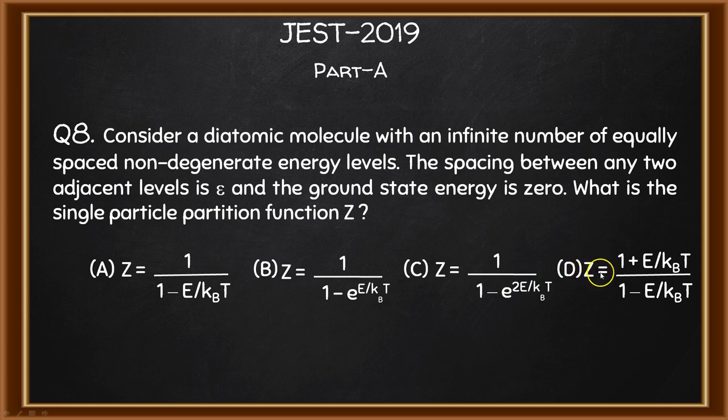And D is Z equal to 1 plus E by kBT divided by 1 minus E by kBT. Now the answer we have got is 1 divided by 1 minus e to the power minus E by kBT. So none of the options is matching with this. But the correct answer is Z equal to 1 divided by 1 minus e to the power minus E by kBT.